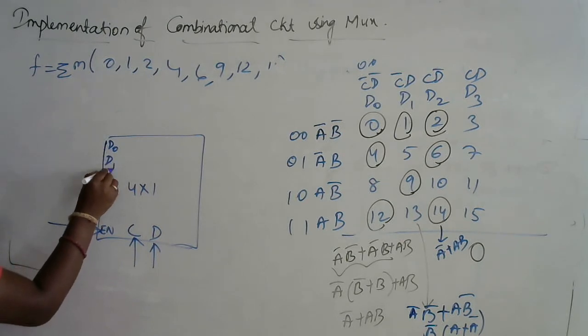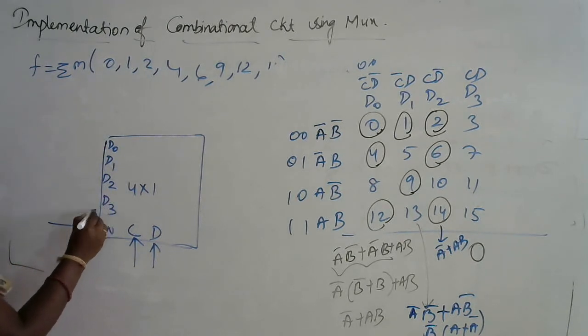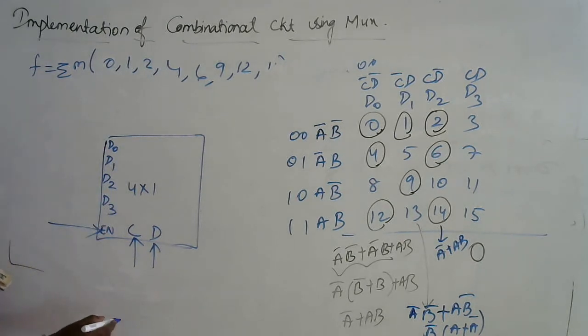D0, D1, D2, D3. What is D0? A bar plus AB. This is A bar, or I can write it as two inputs A bar, B, B bar.